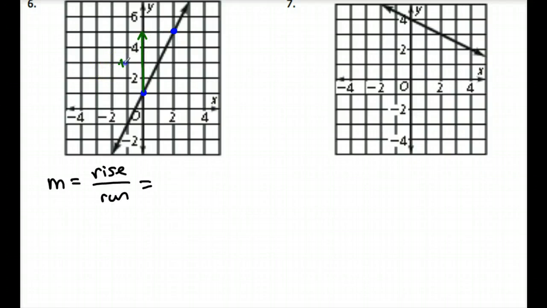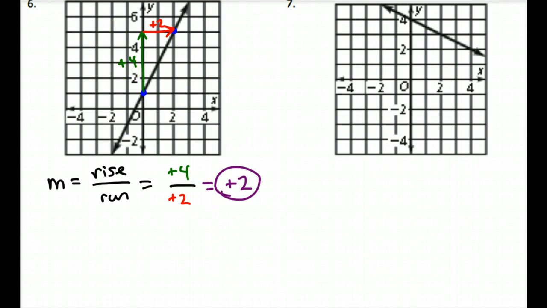So that means I have a rise of +4. And my run, I need to go to the right. So that means I also have a positive direction, 2 spaces to get to my other point. So +2 for my run. So that means my slope is +4 over +2, which reduces to +2.